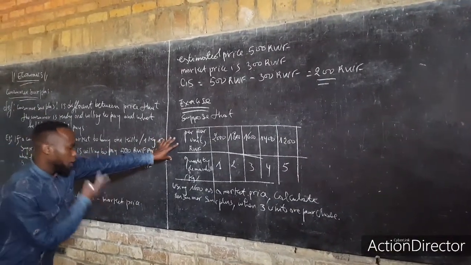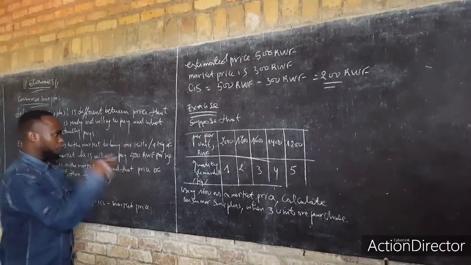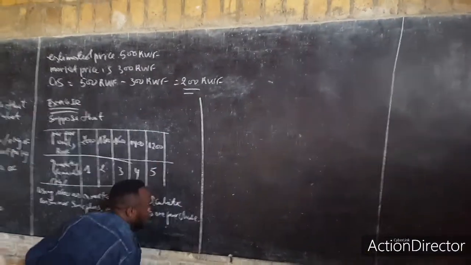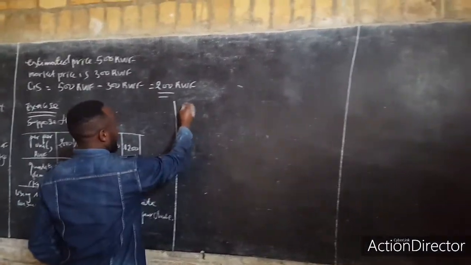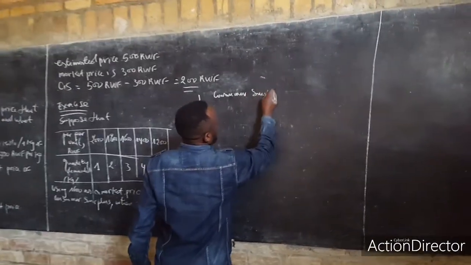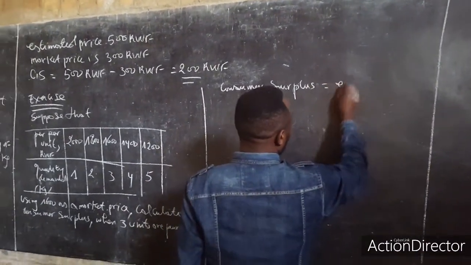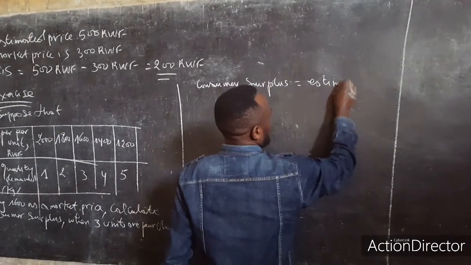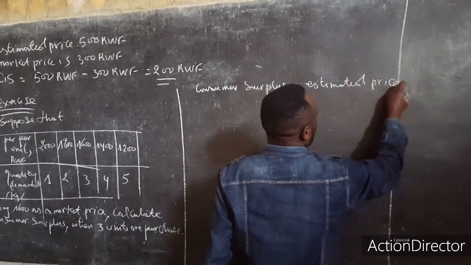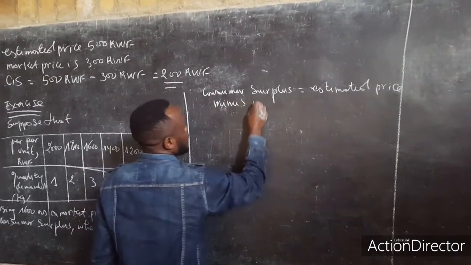Here we use 2 ways. First way, you have to calculate consumer surplus for each unit. We do this. Consumer surplus is equal to estimated price minus market price.